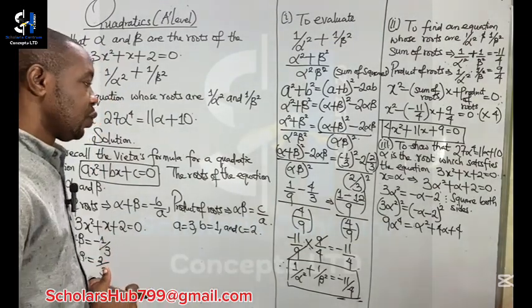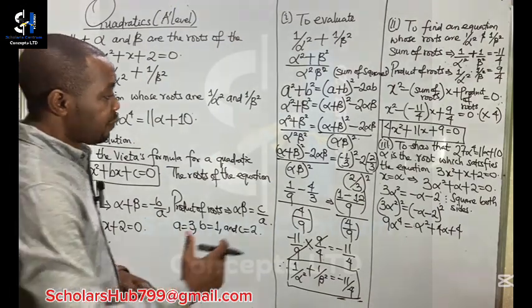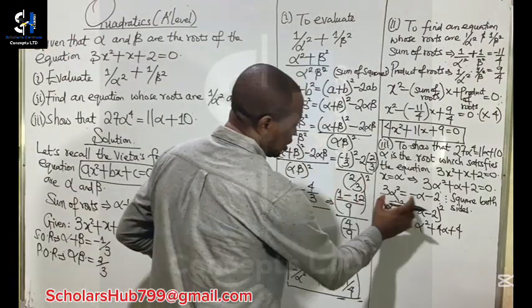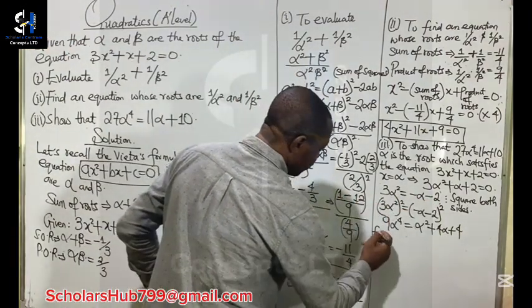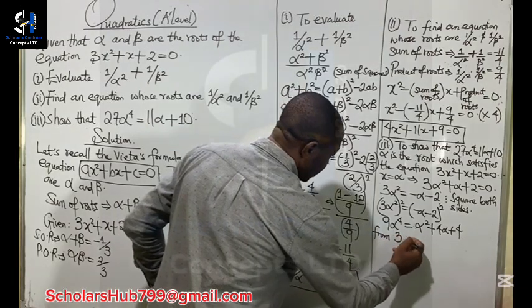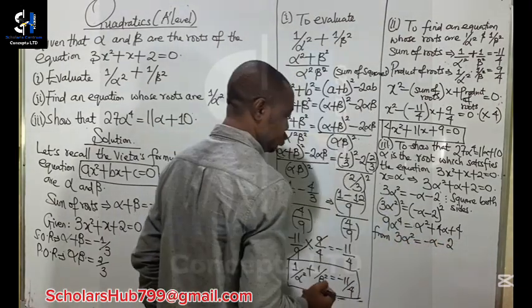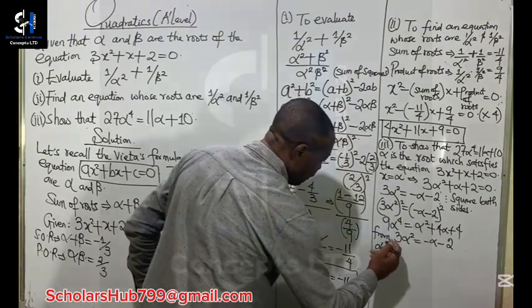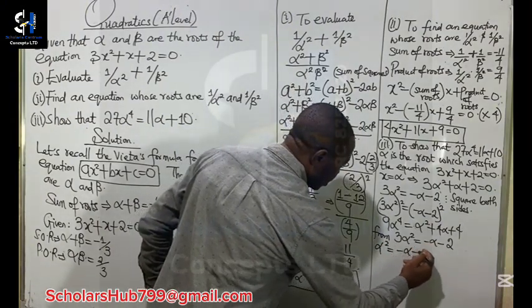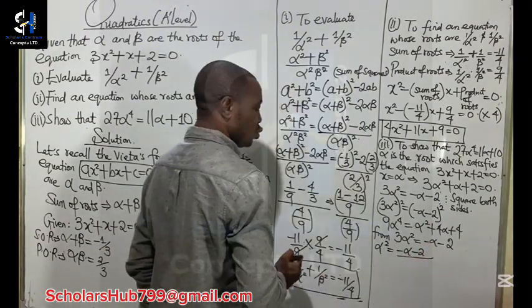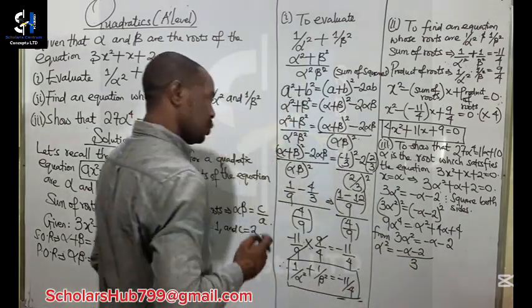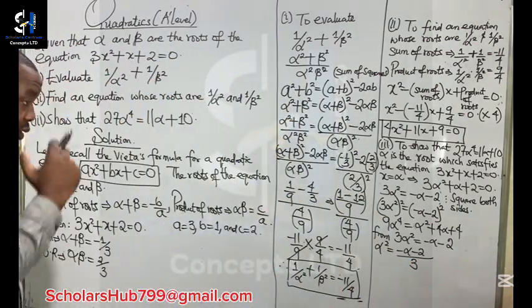So now, from this equation, 3 alpha squared equals negative alpha minus 2, we know that alpha squared will be minus alpha minus 2 over 3.